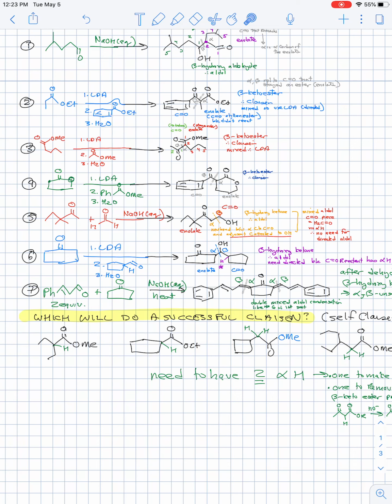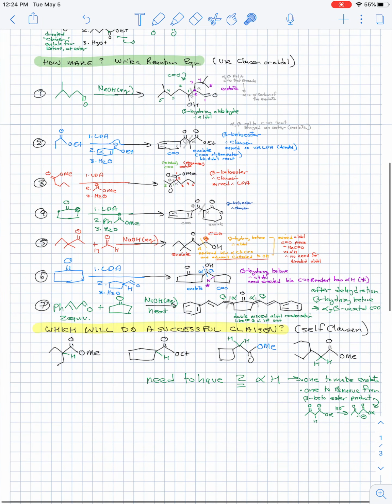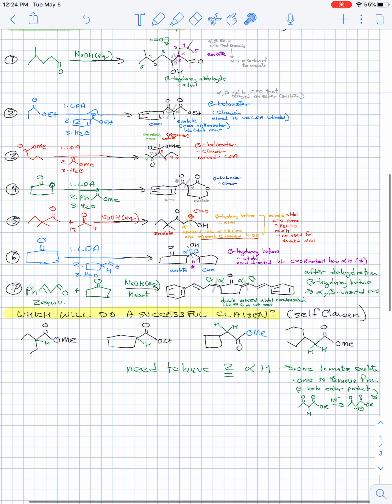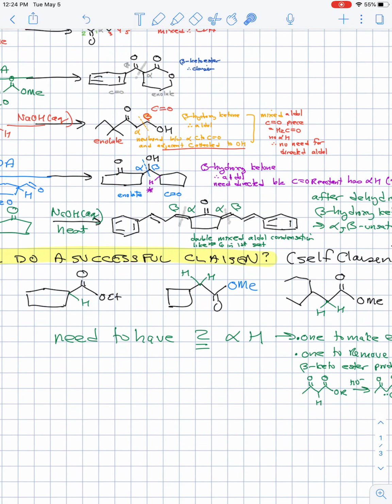And finally, I guess I could be really obnoxious and rotate it, but I won't do that. Which one of these will do a successful Claisen? And all we're looking for here, the key thing to look for, makes a great multiple choice question, is that it needs to have 2 alpha hydrogens.